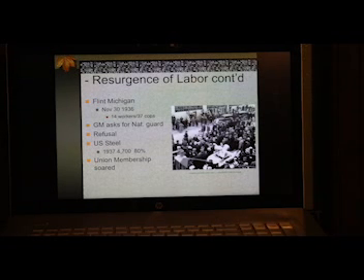And by 1937, 4,700 strikes took place where the unions won 80% of the time. Union membership soared. And Time magazine stated that sitting down has replaced baseball as a national pastime.